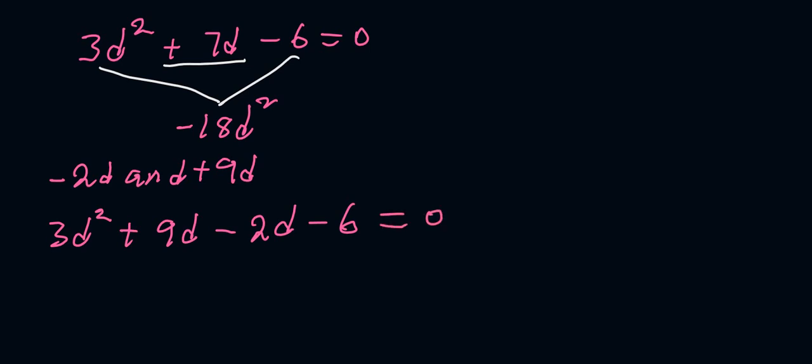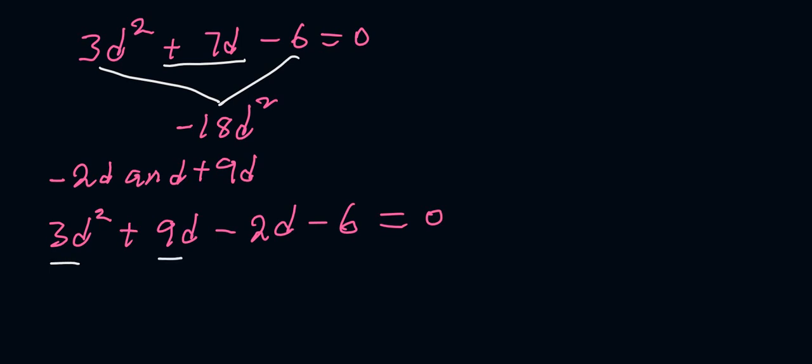You can see that I put in plus 9d before negative 2d. It doesn't actually matter. It's possible to bring in the negative 2d before the plus 9d. So anyone can come first. So now at this point, we are going to factor them in twos. I'm going to factor the first two numbers, which is 3d squared and 9d.